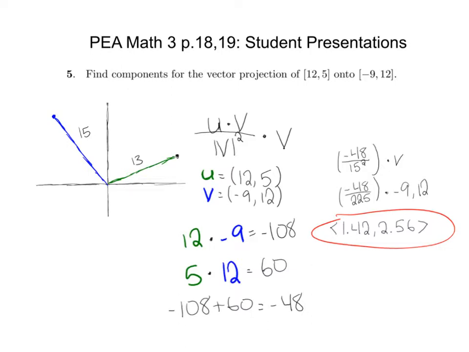And we substituted the u times v for the negative 48, and we took the 15 and squared it, and we took the vector <-9, 12> and multiplied that by that. We took negative 48 divided by 225, and we multiplied it with negative 9 and 12 to get 1.42 and negative 2.56.